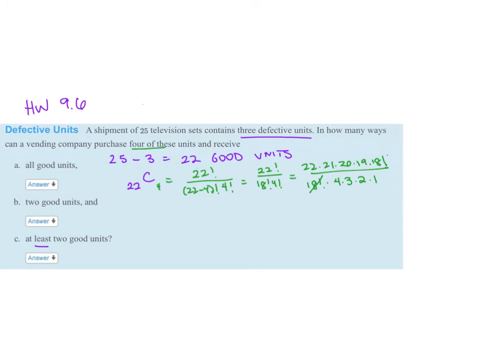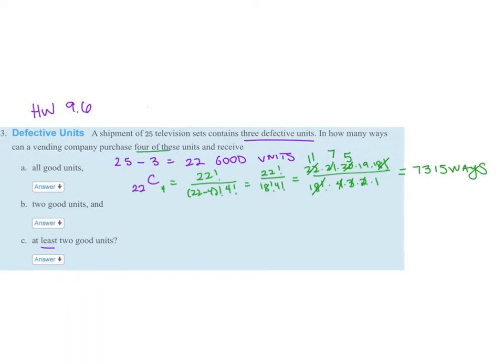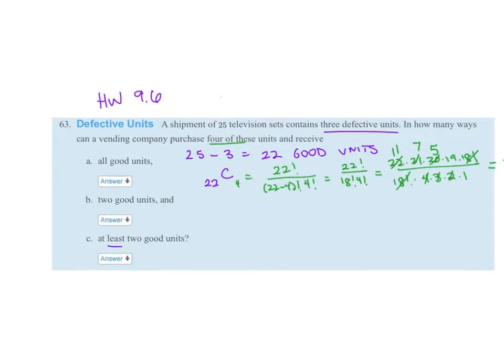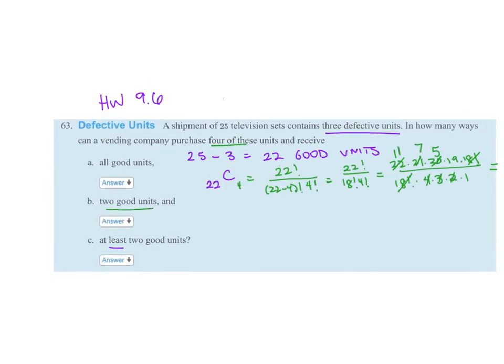The 18 factorial cancels. We can do 3 goes into 21 7 times, 4 goes into 20 5 times, 2 goes into 22 11 times. And when you multiply it all the way through, you should find 7,315 ways.